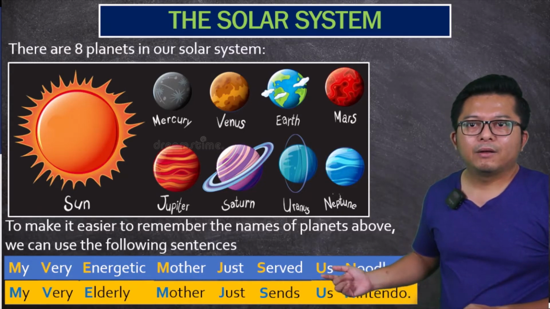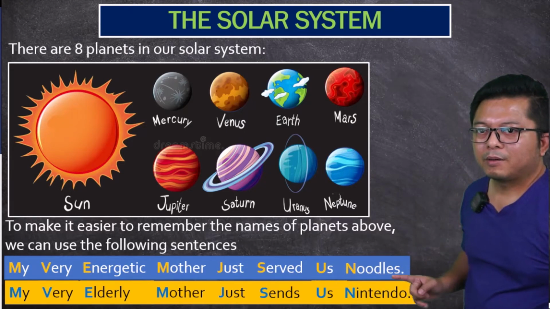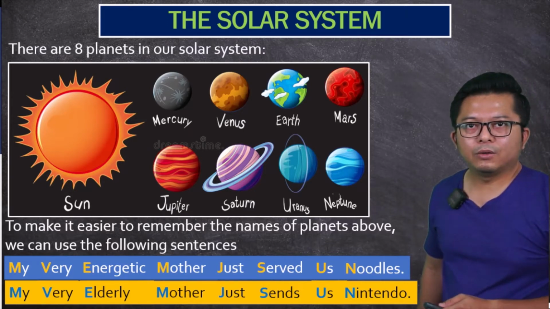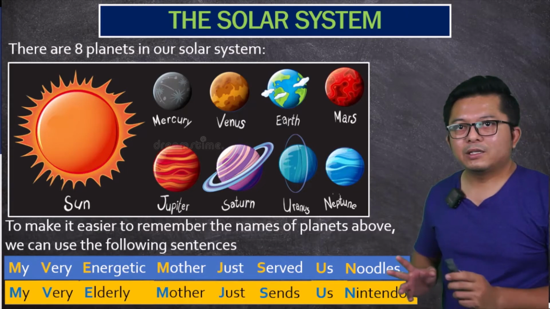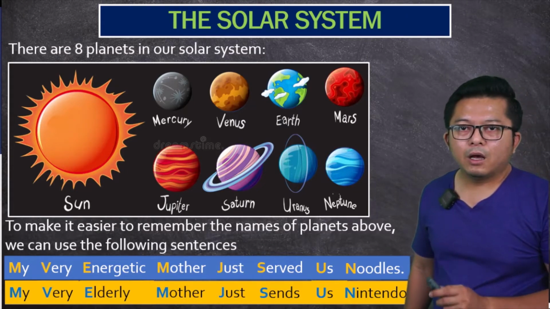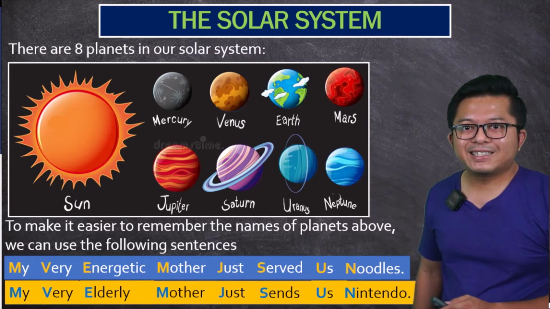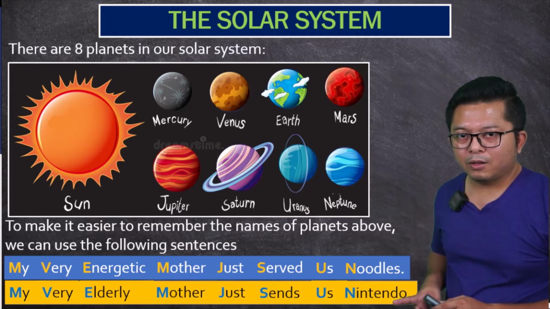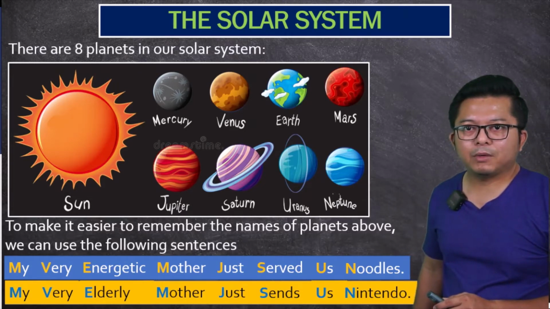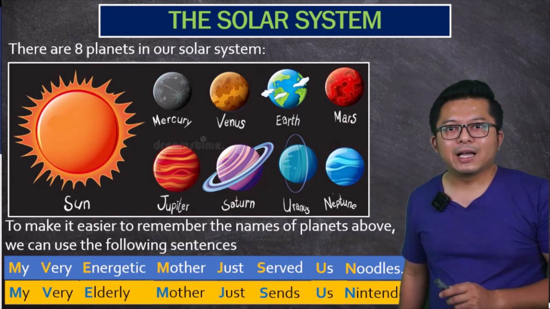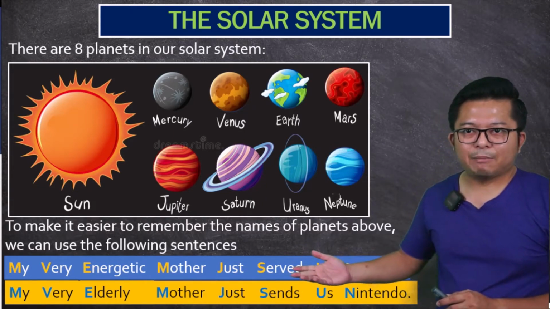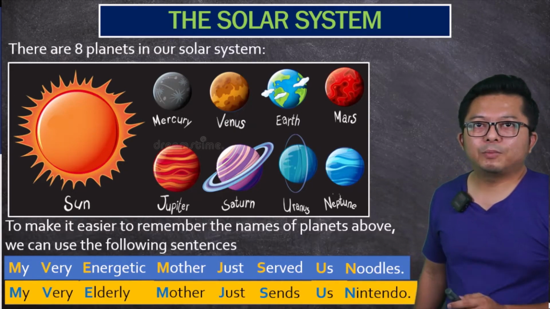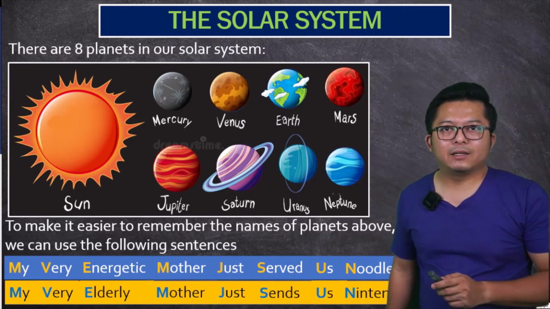Example here: my very energetic mother just served us noodles, which means Mercury, Venus, Earth, Mars, Jupiter, Saturn, Uranus, and Neptune. Or you can use the other one, the bottom part: my very elderly mother just sent us Nintendo. It's the same actually: Mercury, Venus, Earth, Mars, Jupiter, Saturn, Uranus, and Neptune.